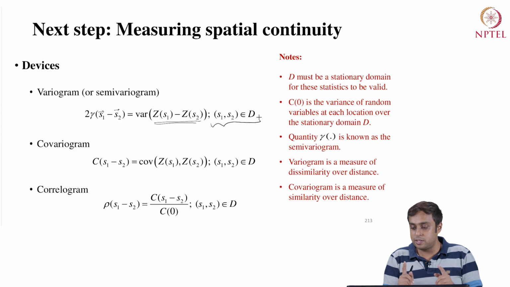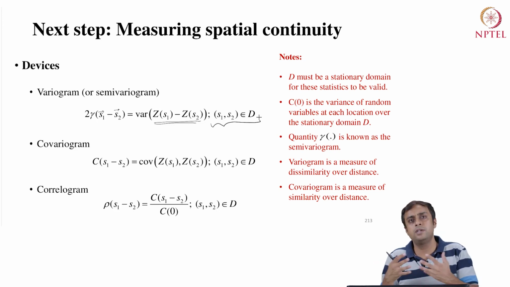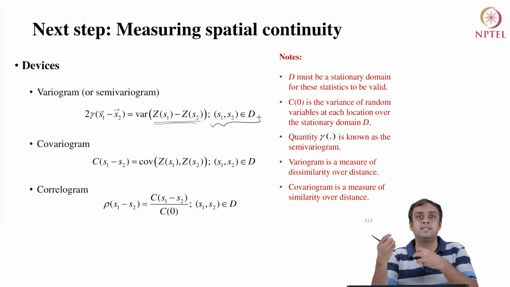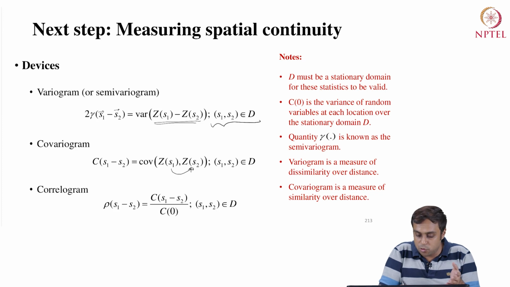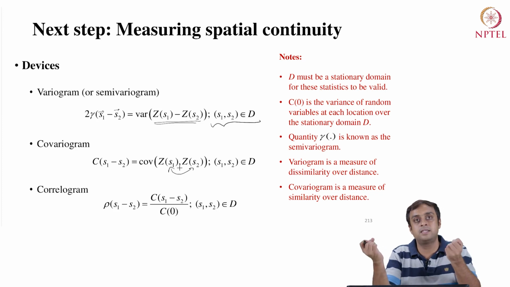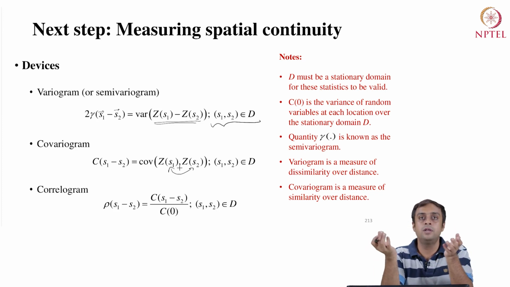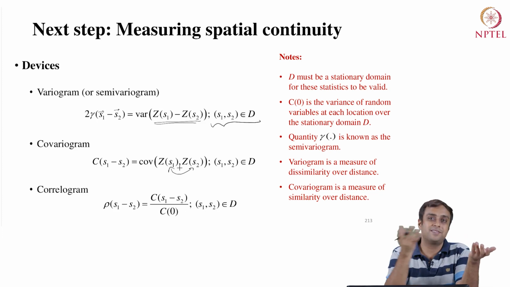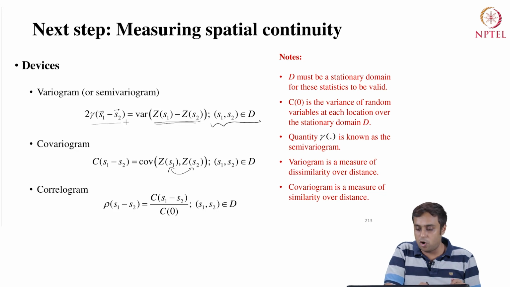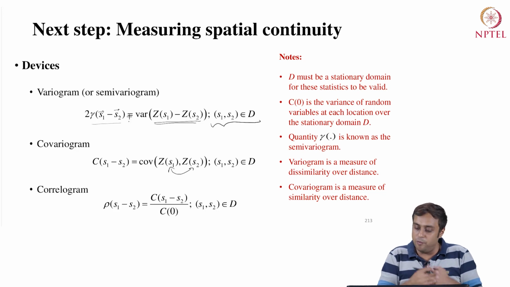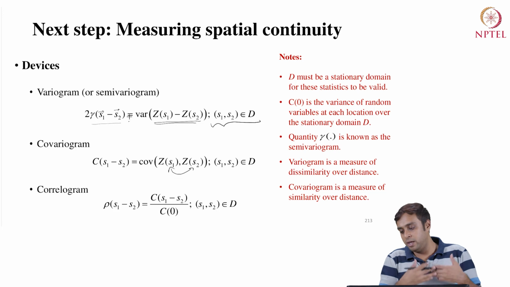C0 is the variance of random variables at a given location. So C0 is just the covariance of Z(S1) and Z(S2), where S1 is exactly equal to S2. If S1 and S2 are exactly equal, the distance between them will become 0, and this covariance will just be the variance. This is something we are already aware of. The quantity gamma is called the semi-variogram. Variogram is a measure of dissimilarity over distance.